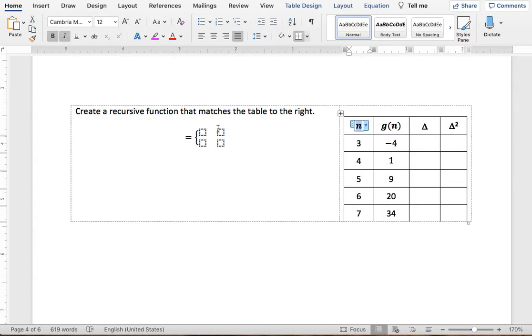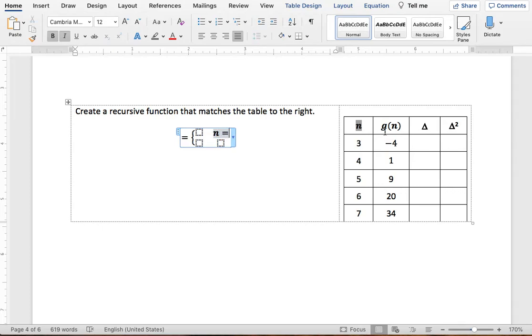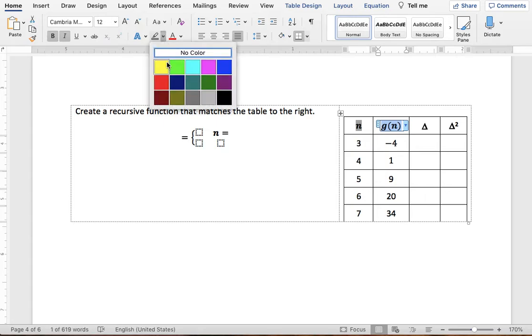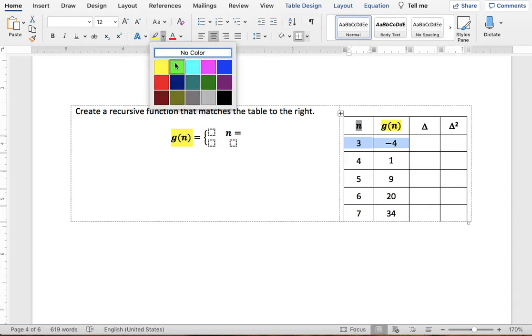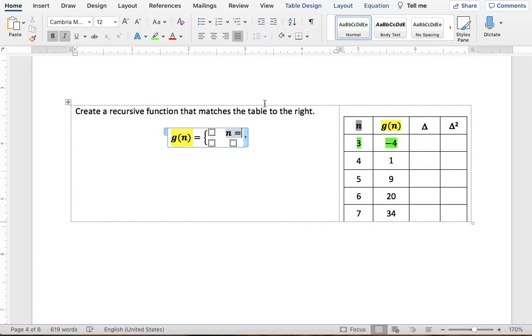So I'm going to do this though. Looking here, independent variable is n. Dependent variable is g of n. My beginning values, when n is equal to 3, your g of n is equal to -4.